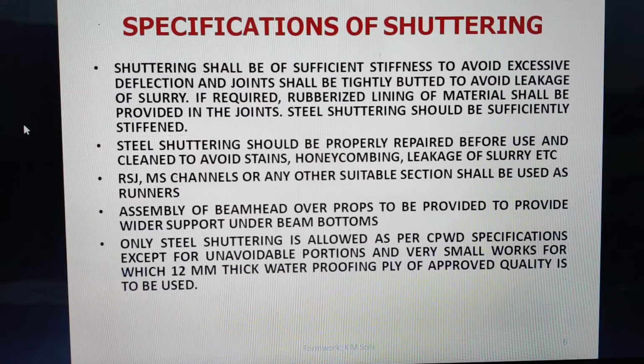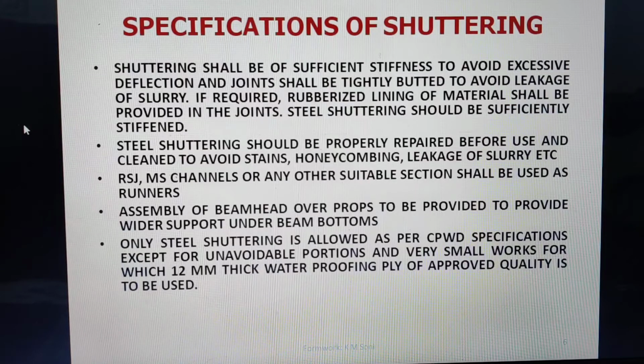And we know that nowadays steel shuttering is provided with sufficient stiffening. And then steel shuttering should be properly repaired if there is any possibility of any de-shaping or any leakage before use, and should be cleaned to avoid stains, honeycombing, leakage, etc. Then RS joist, MS channels, or any other suitable sections shall be used as runners.